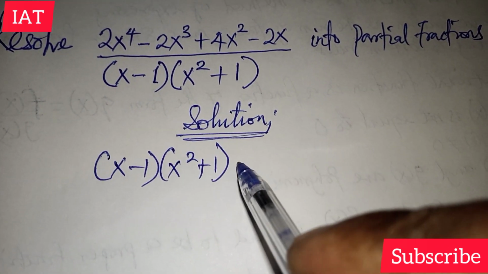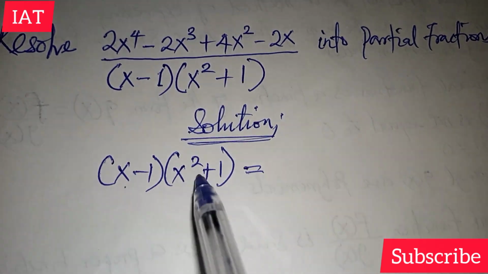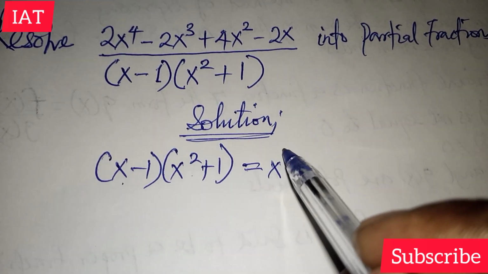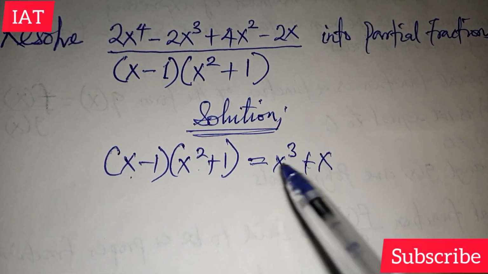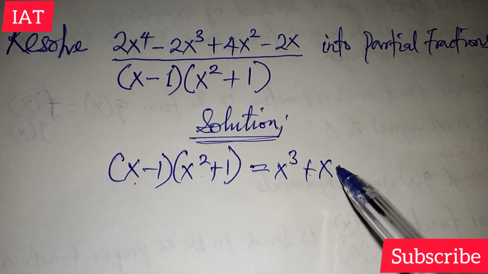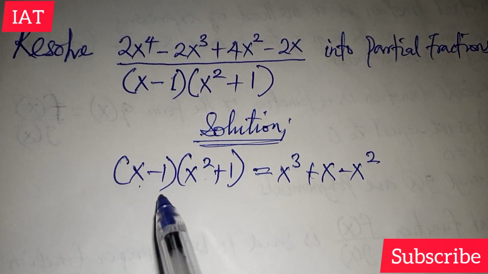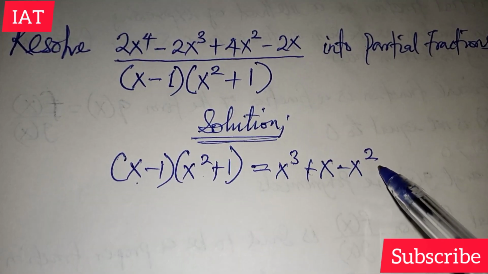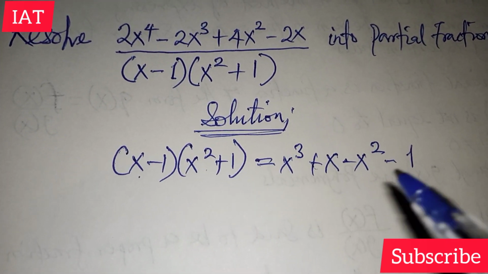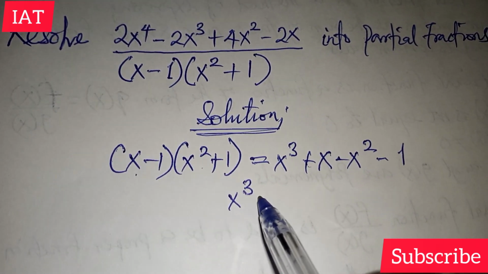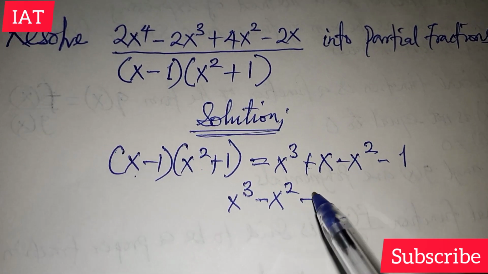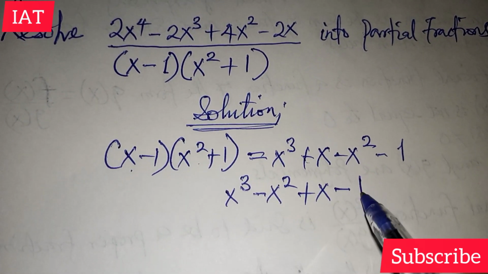The expansion process will give us, if you use x to multiply by x squared, you have x cubed, and x multiplied by 1 will give just x, and minus 1 times x will give minus x squared, and minus 1 times plus 1 will give minus 1. Alright, so if you rearrange this, you have x cubed minus x squared plus x minus 1.